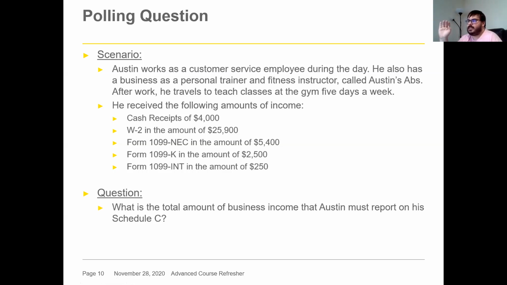So he has cash receipts of $4,000, W-2 income of $25,900, income reported on a 1099-NEC for $5,400, income reported on a 1099-K for $2,500, and a 1099-INT for $250. What's the total amount of business income that Austin must report on his Schedule C?